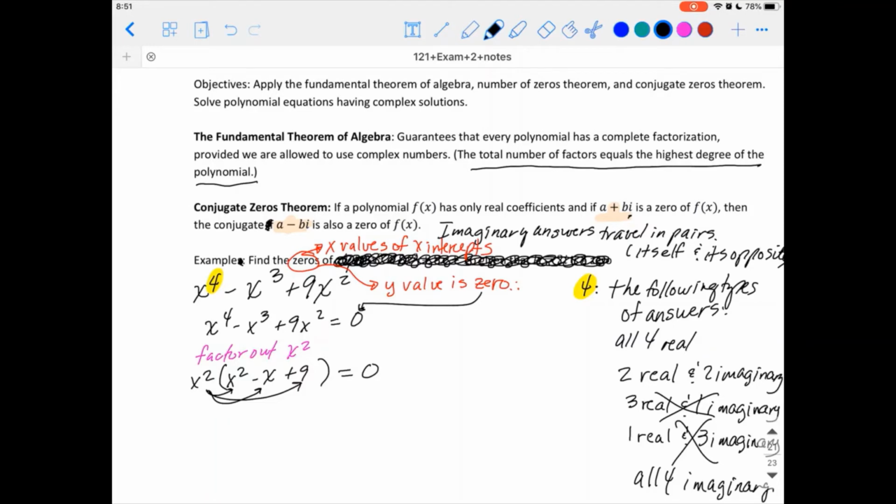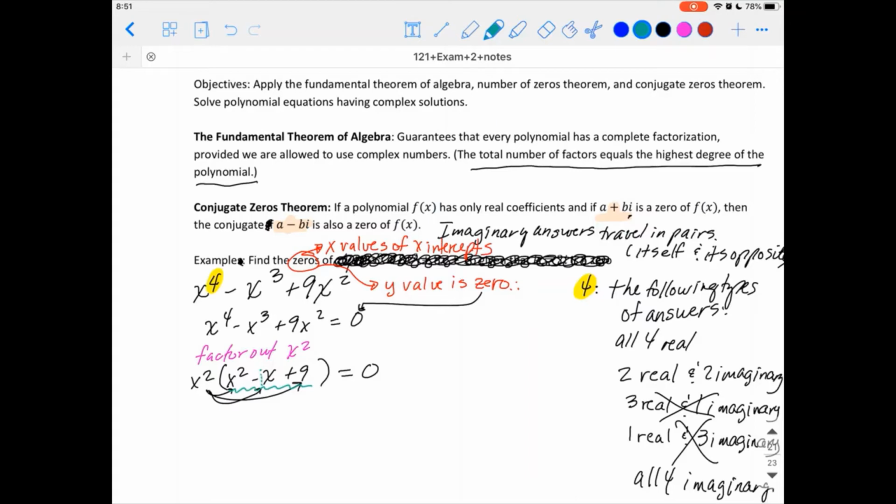Now this is a quadratic, and we can try to factor it. We have a 9, and here we have an understood minus 1. Unfortunately, there are no two numbers that multiply to give a positive 9, because it's either 1 and 9 or 3 and 3, that add up to a negative 1.